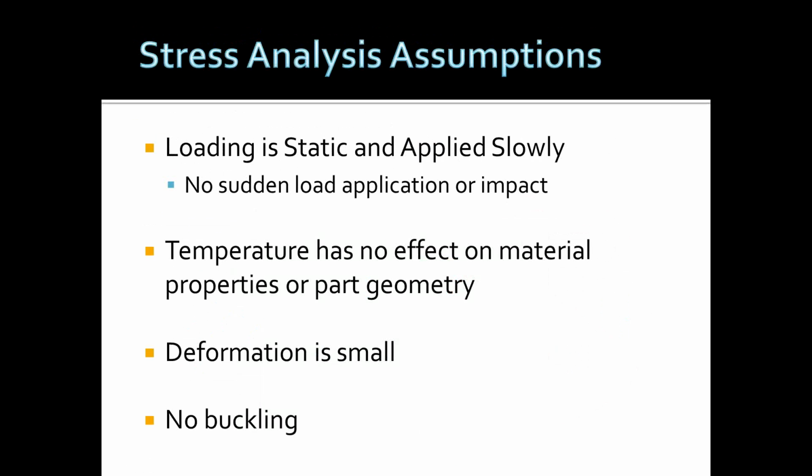If you've got a part that's 20 feet long and you're putting a weight of 10 pounds on the middle of it, it's going to bend a little bit. That's fine. But if you're putting a weight of 5,000 pounds on the end of it, depending on what that 20-foot piece is made out of, if it's something like aluminum, that can be a large amount of deformation, and you may get some far-out results that you can't really trust. So you have to look at the deformation being very small.